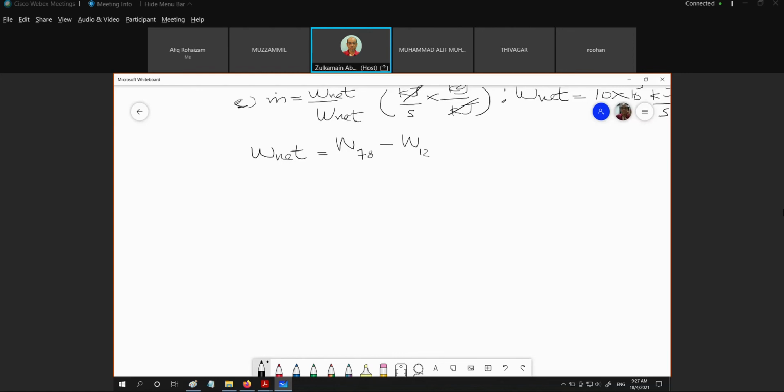This should be equal to CPG (T7 minus T8) minus CPA (T2 minus T1). So you get your W net. Once you solve your W net, then solve for your m dot. I think we have got all the values already, so you just put them in.